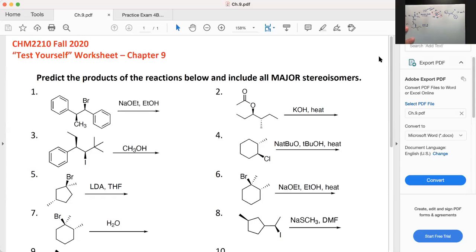We're thinking elimination, that's a strong base. So we need to, again, verify that we have the right orientation. So if I draw a Newman projection, based on that bond, I see that I have ethyl going up, CH3 to my right, a proton down here. On my back carbon, I have ethyl going down, the leaving group over there, and the proton there.